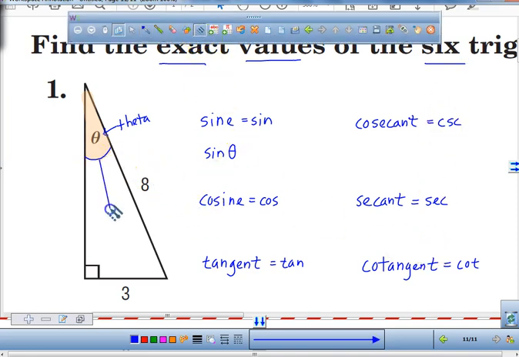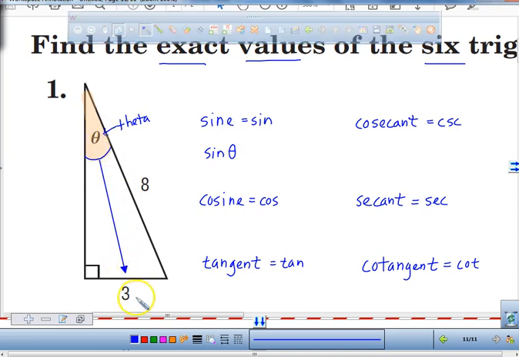So the very first thing I do is I draw an arrow going across from the angle that they've given me. Which means this side, in relationship to this angle, is called the opposite side. The side that is always directly across from this 90-degree angle is always referred to as the hypotenuse.